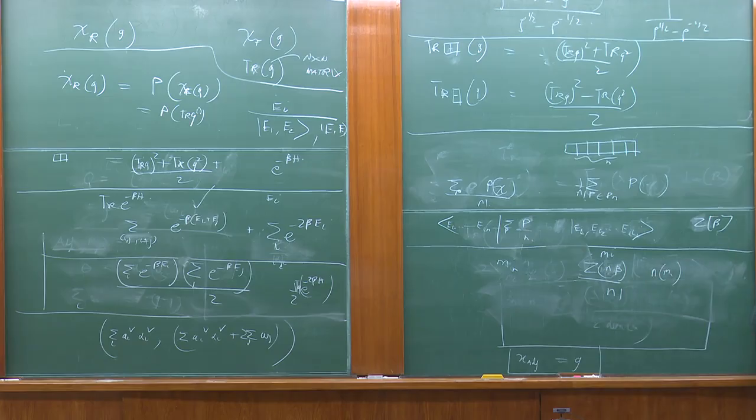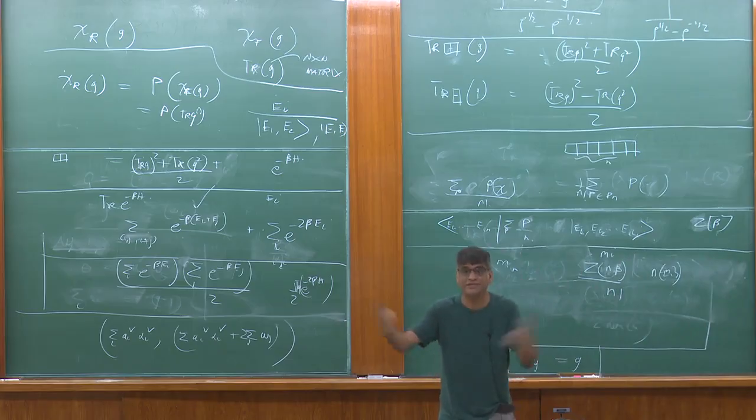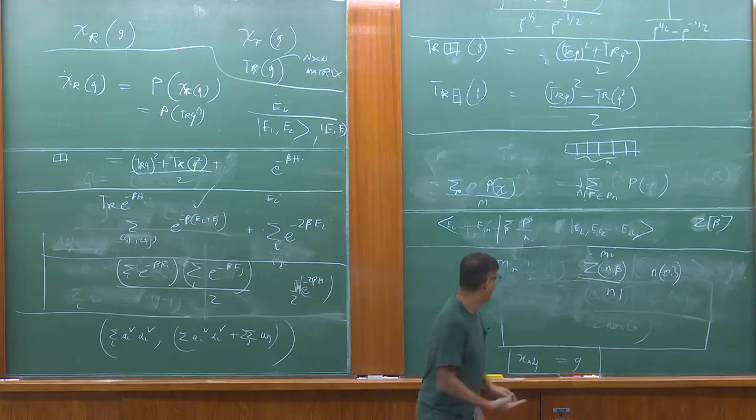Do you see this? m_i is a vector. Because everything on one cycle is equal, all states have the same energy. So you're not summing over many different states. It's one state, but if the cycle is of length m, you weight by e to the power m beta e. That's this.